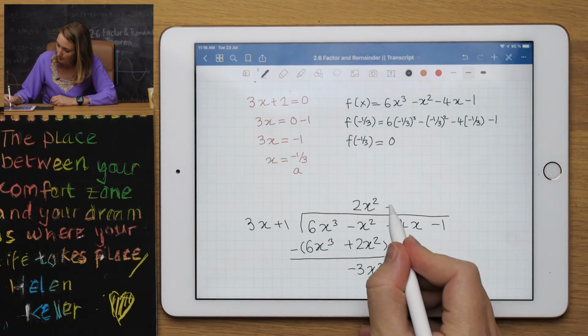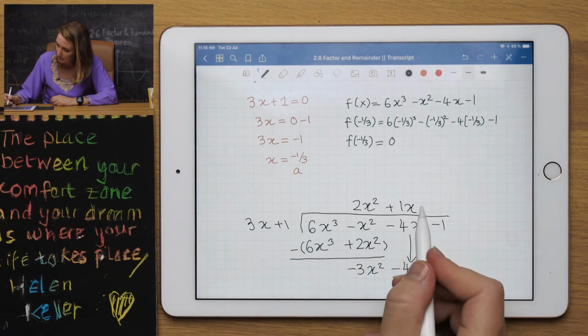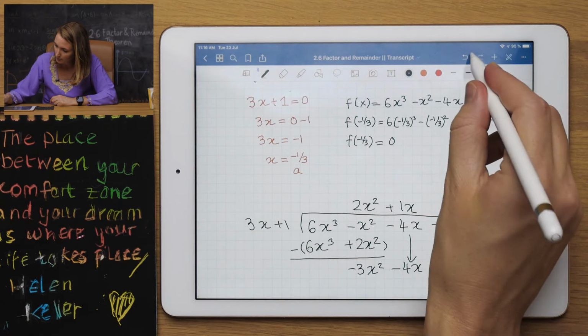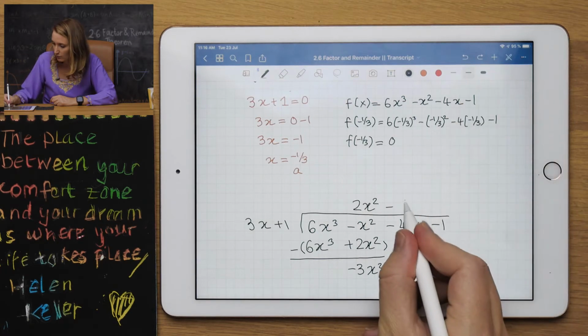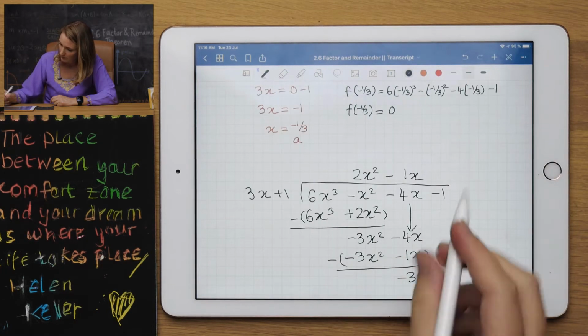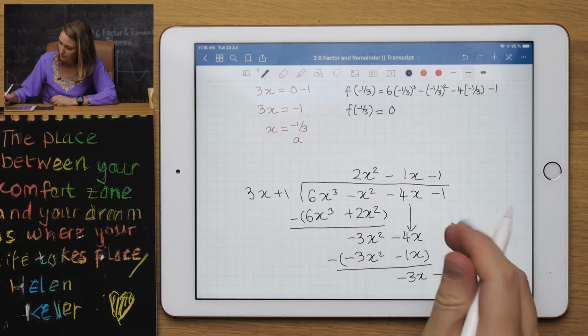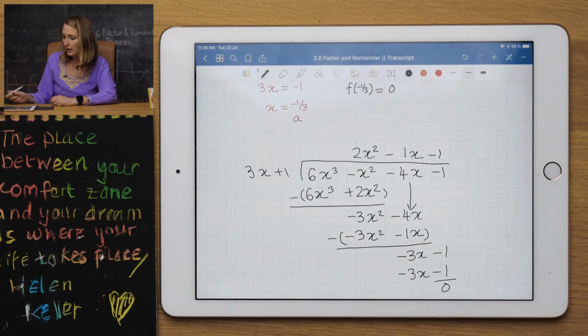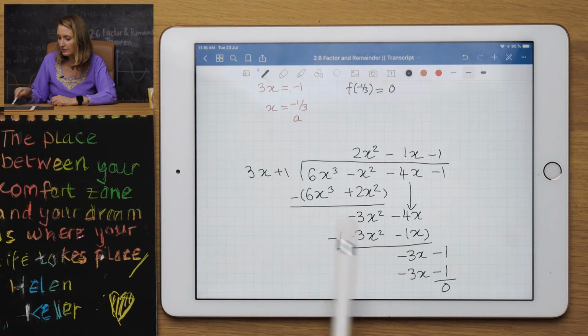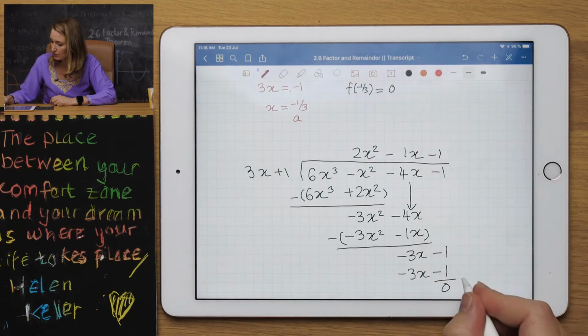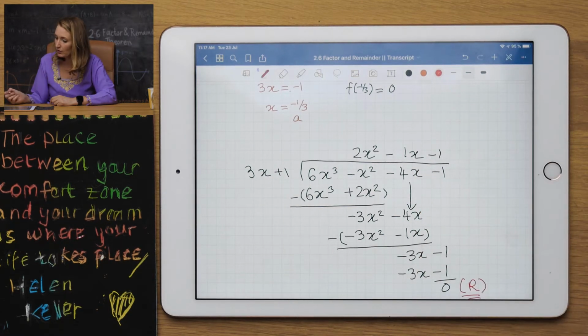That would be plus 1x. Sorry, that would be minus 1x. Here would be minus 1. Okay, so you can see that it's definitely a factor. It's divided in and given us a 0 remainder here. Okay, but we already knew that.